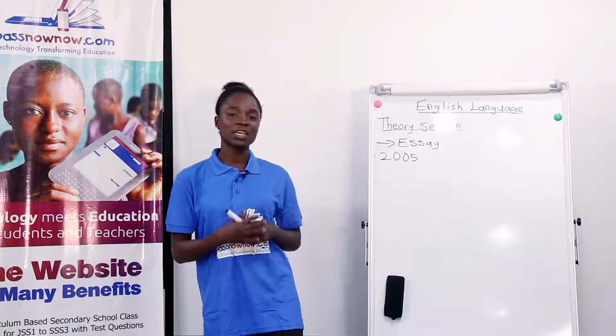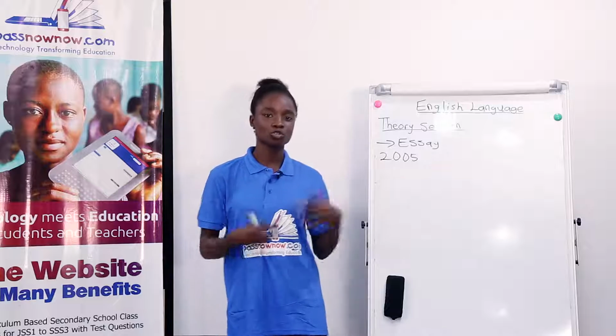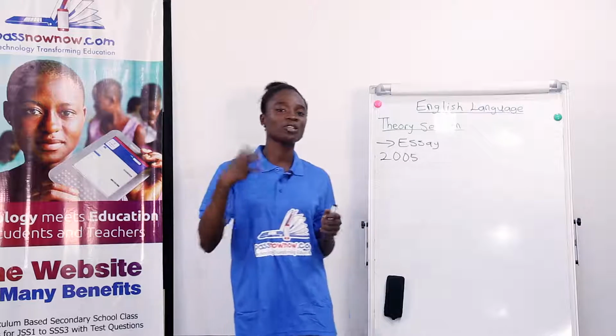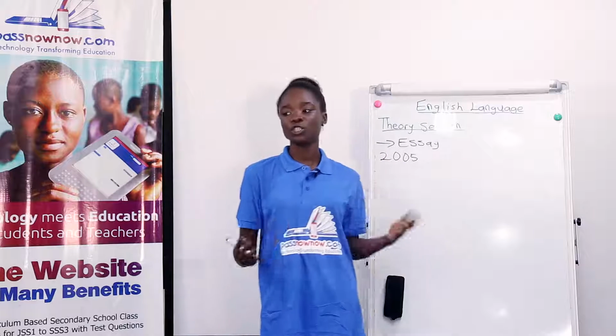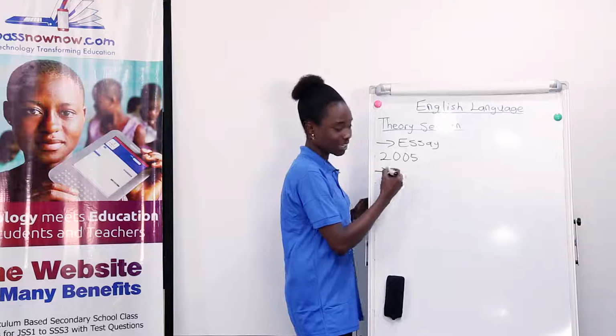It is a kind of essay in which you take a stance in an argument, find out facts or truths to support the stance you are taking, and try to convince other people to agree with your perspective or points of view on the issue. Now, this question says write for or against the topic, women should not be in paid employment while they are still bearing children. To start with, you have your salutation.